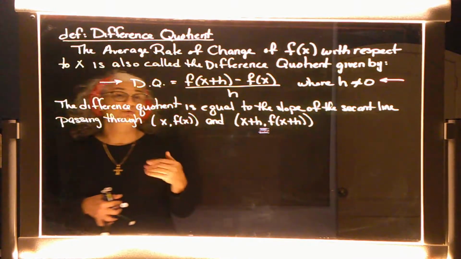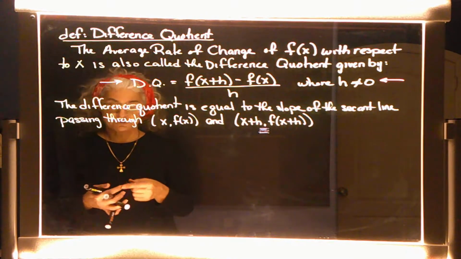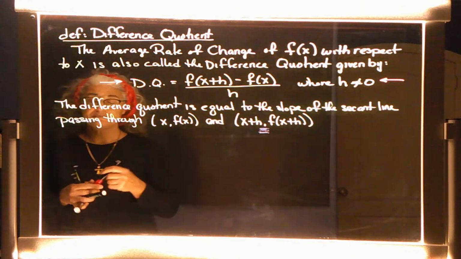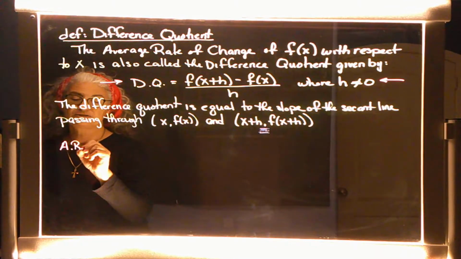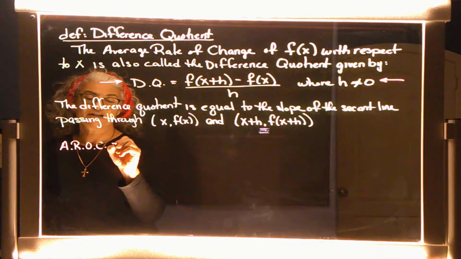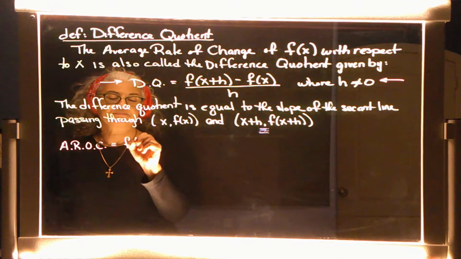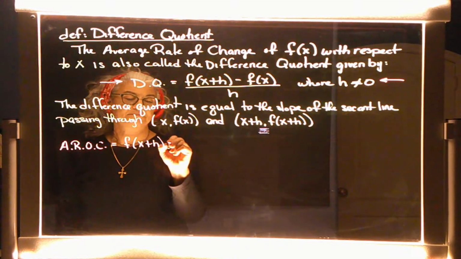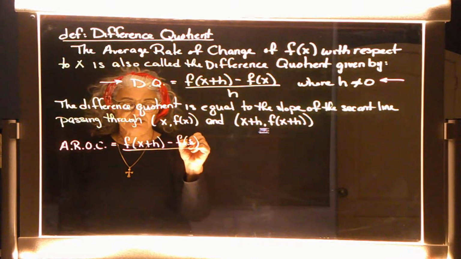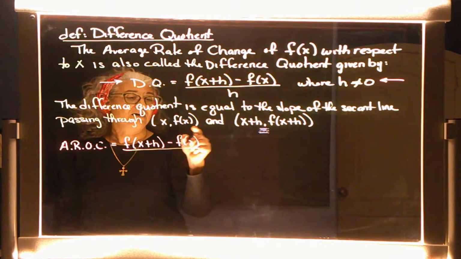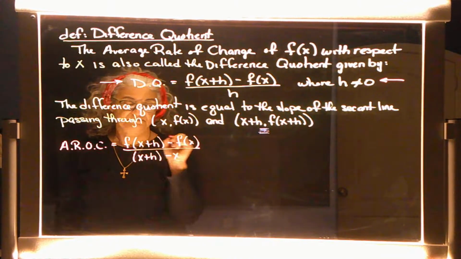So let me show you what they did. I know the slope formula, right? I know the average rate of change formula, correct? The average rate of change formula is equal to the difference of the y's over, right, the difference of the x's. Agreed?